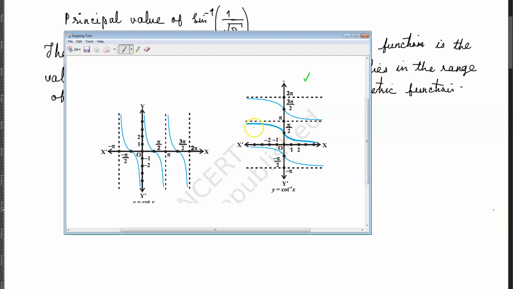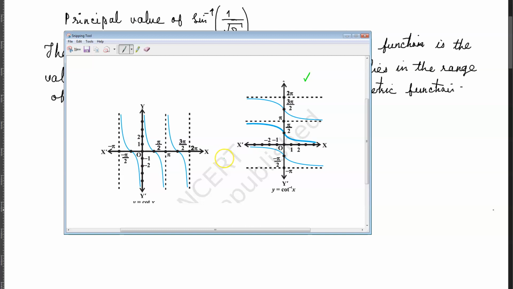But there is a branch that we denote as the principal value branch of the function, because the range of this branch is the restricted domain of the original function, and the domain of this inverse trigonometric function is the range of the same branch, right?